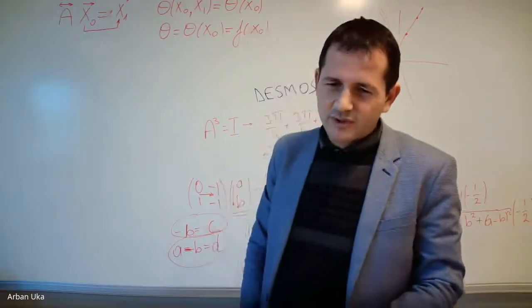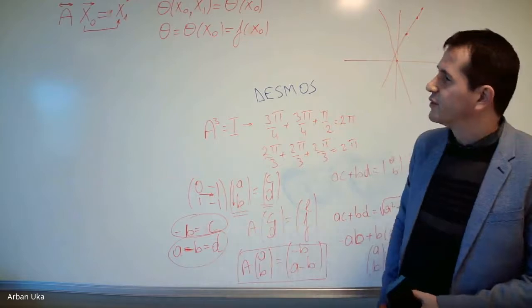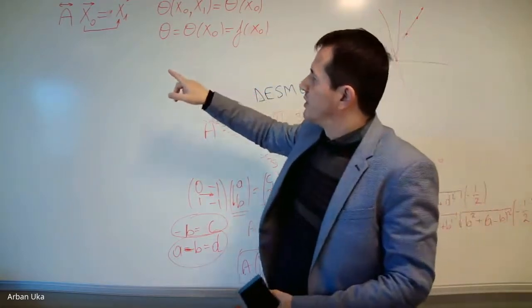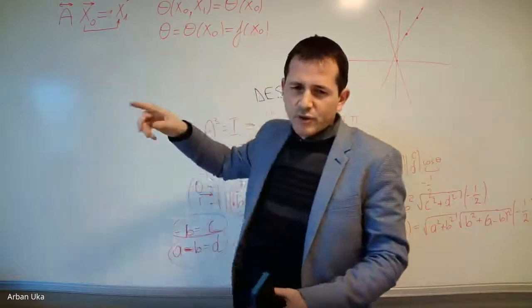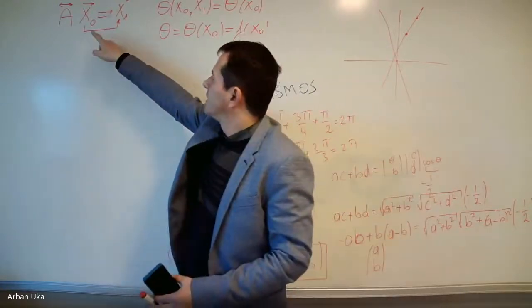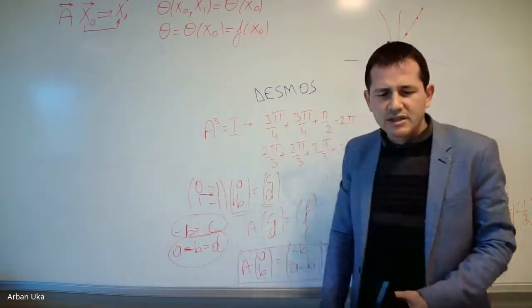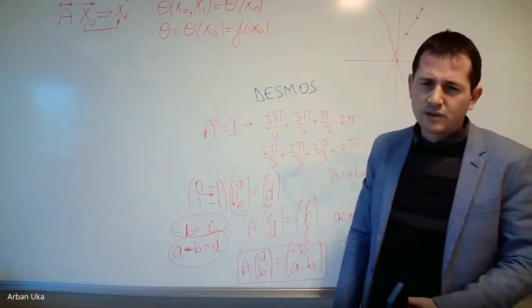So we go with Lum, thanks. Lum, I have a question for you. Is it ever possible that you multiply the matrix A with the vector x0 and x0 does not rotate at all?